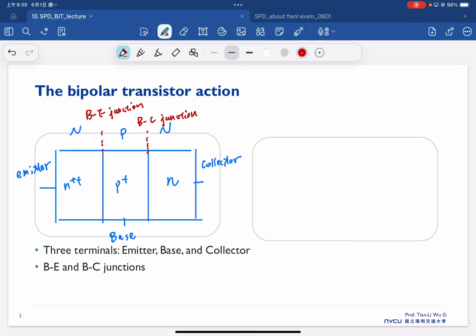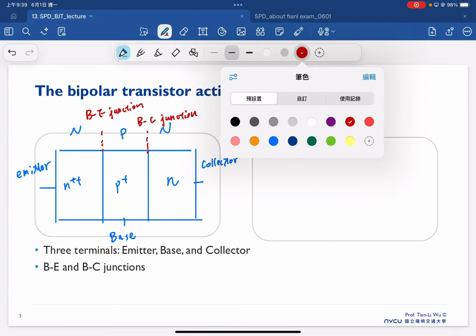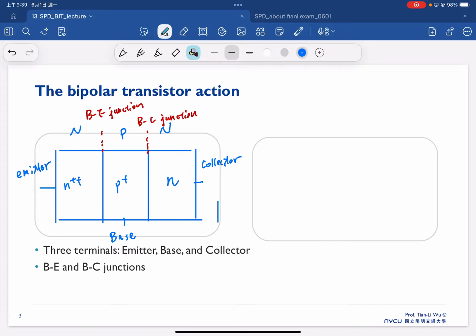And normally we can also use a circuit symbol to represent this BJT, shown here. We have the base here, the collector here, and the emitter here.